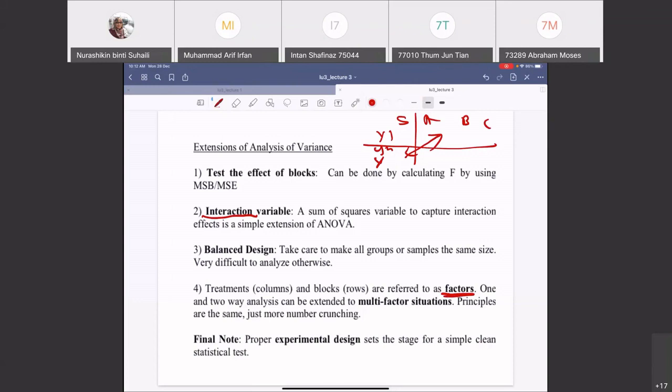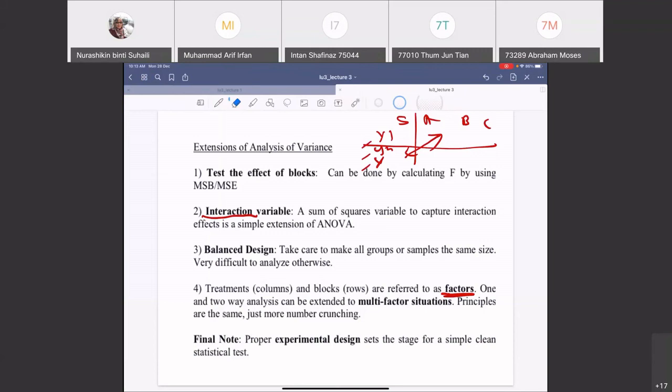If we are comparing the height, we are just comparing the height of sample A, B, and C. So the height is the factor. But when we compare, let's say, the year of studies and the height of the students, the year is another factor. So the year is the second factor and the height is the first factor. So that's why there are two factors when blocking is introduced for one-way ANOVA.